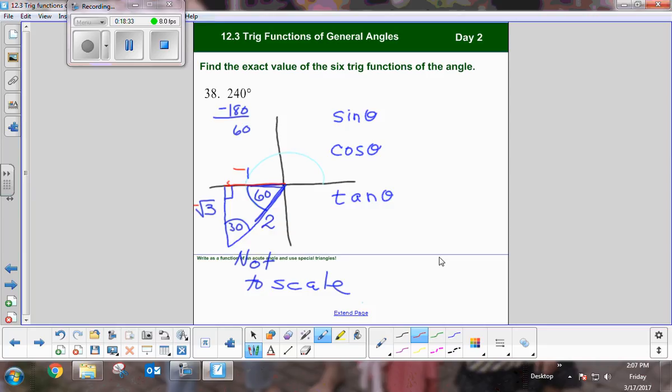Opposite over hypotenuse. Okay? So, what is it?